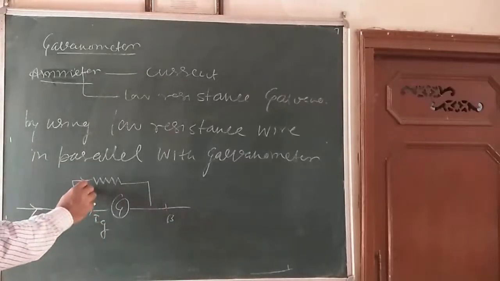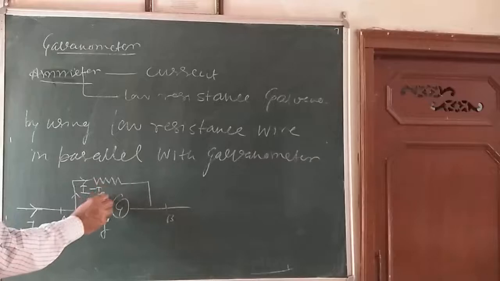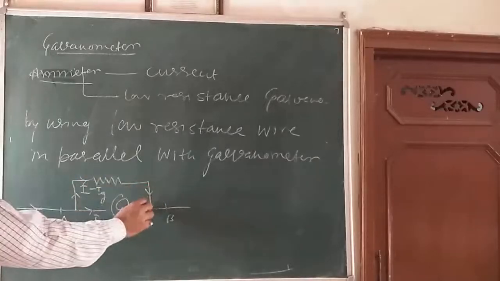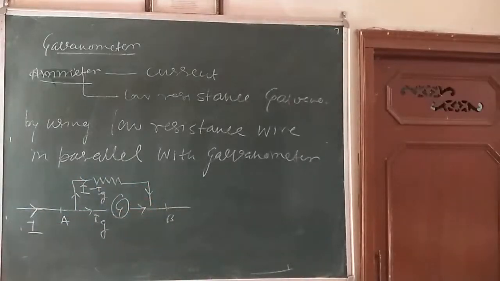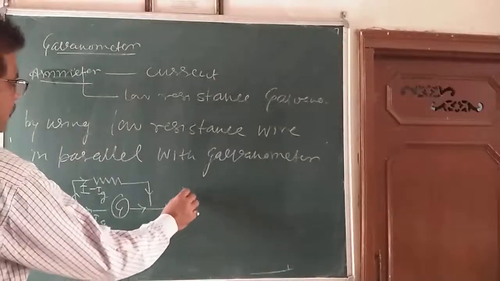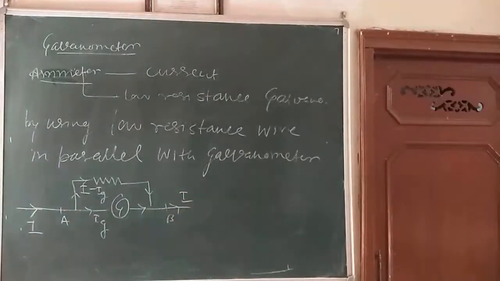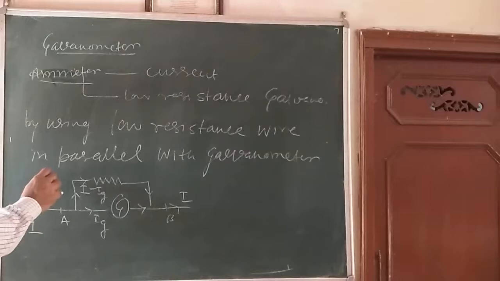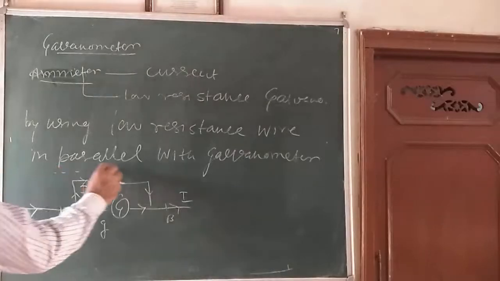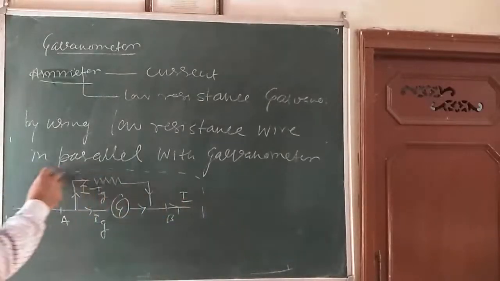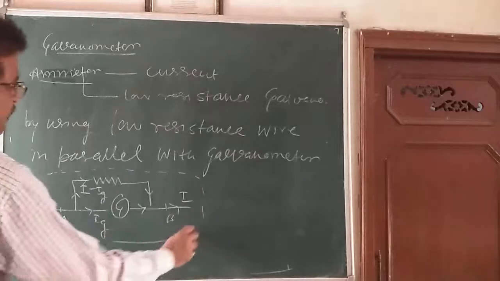The remaining current here would be I minus Ig. This current will come here, and then again from here the current I will go out. This device which we formed here is an ammeter.